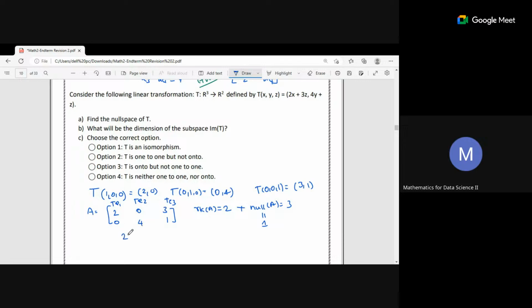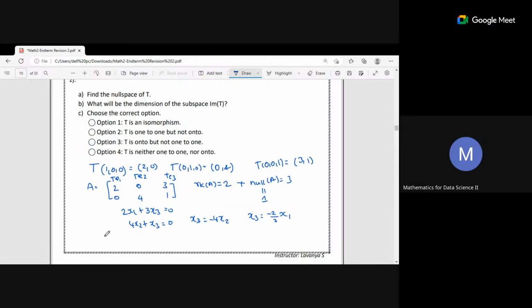So you have 2x1 plus 3x3 equal to 0 and 4x2 plus x3 equal to 0. So x1 is equal to minus 3 by 2 x3 and x2 is minus 1 by 4 x3. So what is your null space?